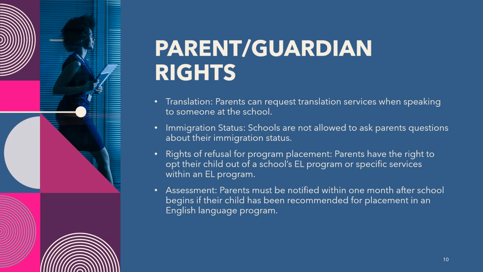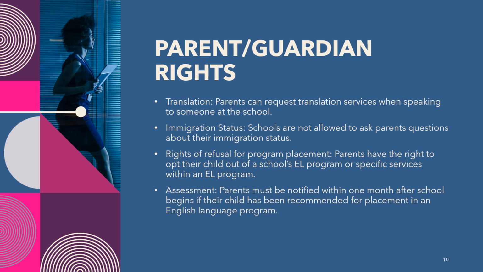And we also have our parent and guardian rights. Our parents of our English language students are granted many rights, but just a few of them are translations. So in the event that our parents do not speak English clearly or would like the assistance of a translator, anytime they contact the school, they can request that.